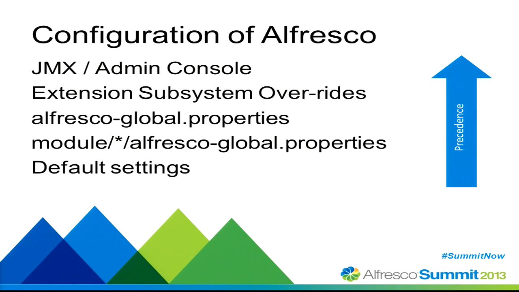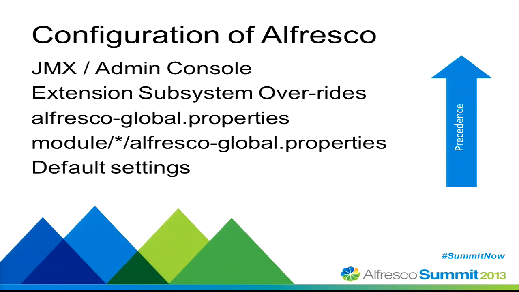So anyway, when you're configuring Alfresco, it's absolutely crucial to know that there are lots of different ways of configuring Alfresco, and it's crucial to know the precedence of where you configure various things. The most important thing is when you're setting an authentication setting, and I'll show examples.